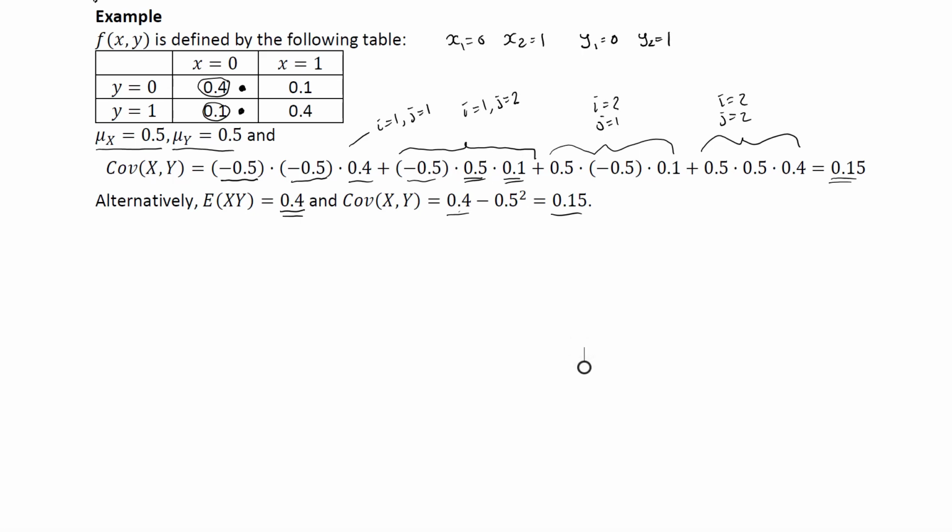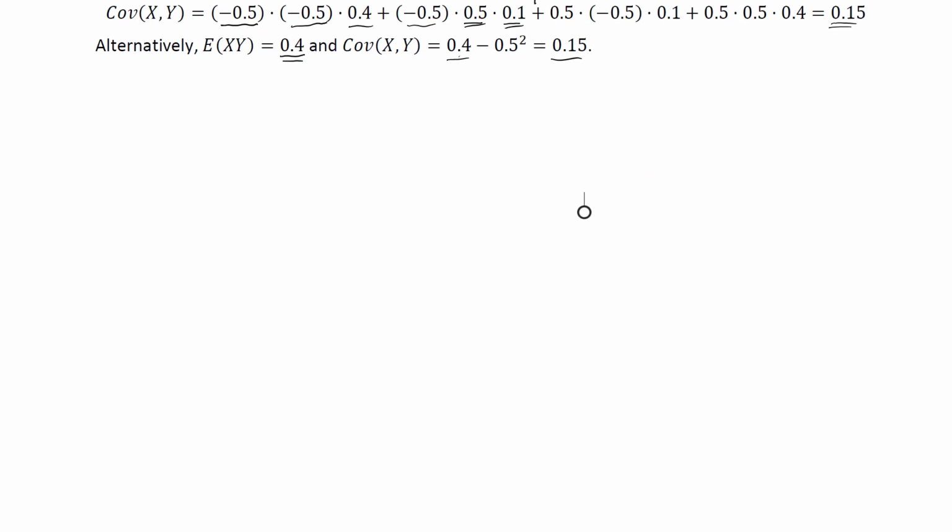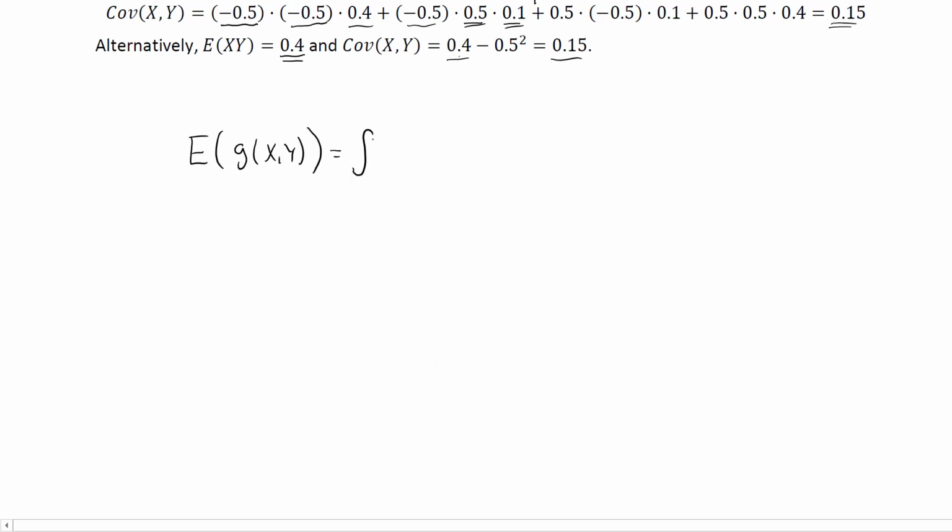So let's move on to the case when we have 2 continuous random variables. For the case of 2 continuous random variables, the formula for the expected value of a function of 2 random variables is the integral over the x variable, the integral over the y variable, g of x,y, f of x,y, dy, dx. Where in this case, this is the joint probability density function.